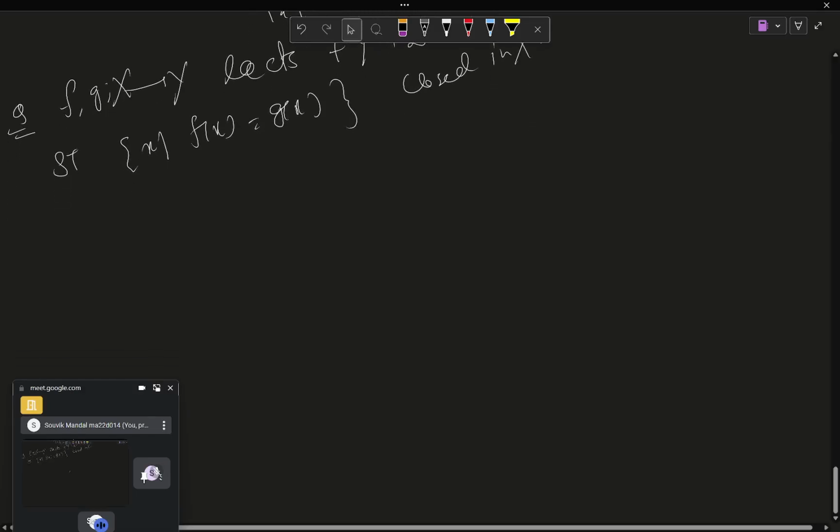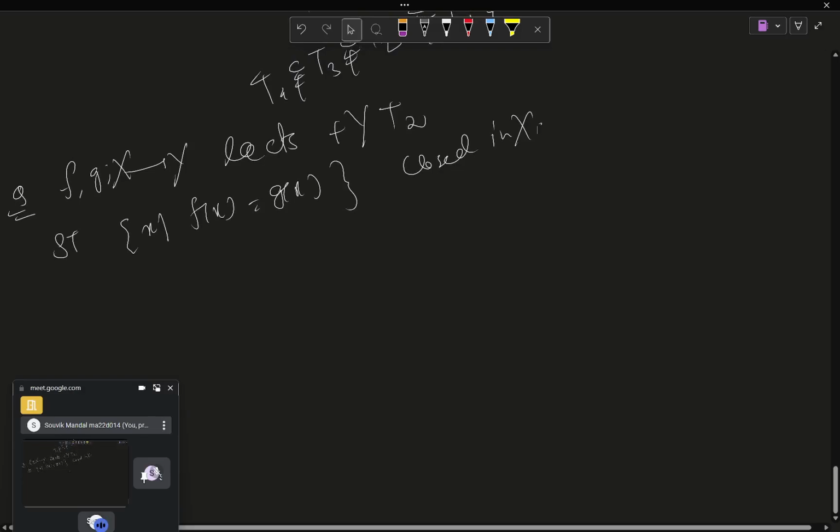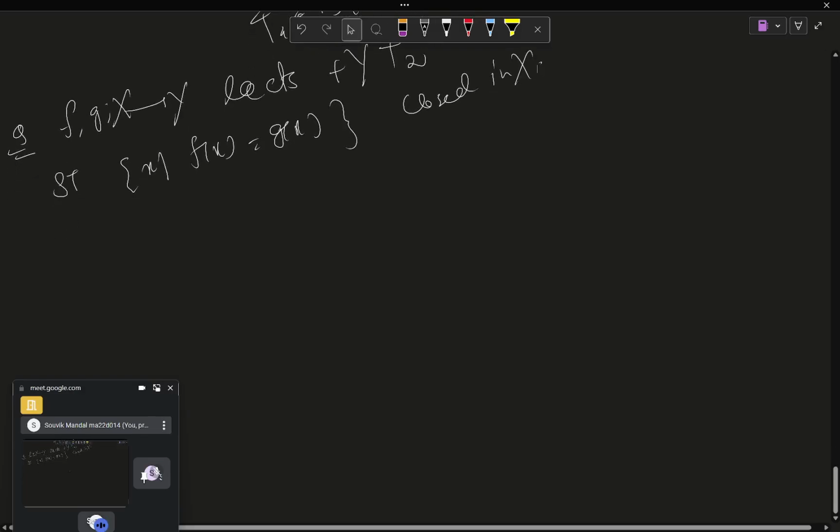This question can be solved in many ways, but I have solved it three times, so I'm not going to solve it again.